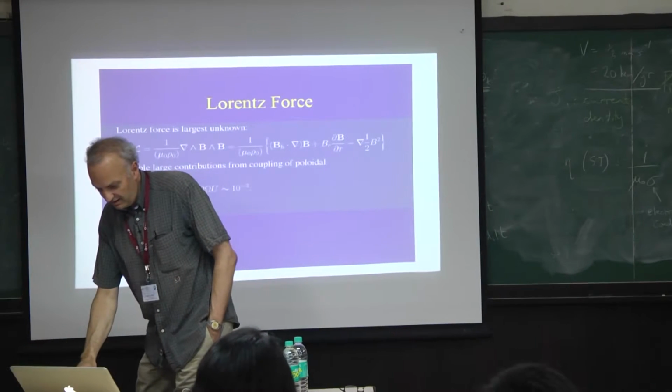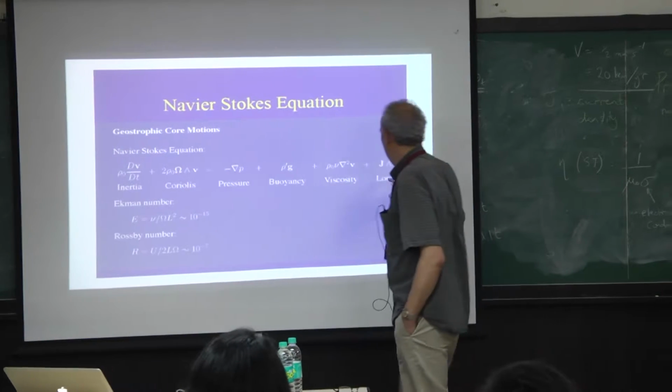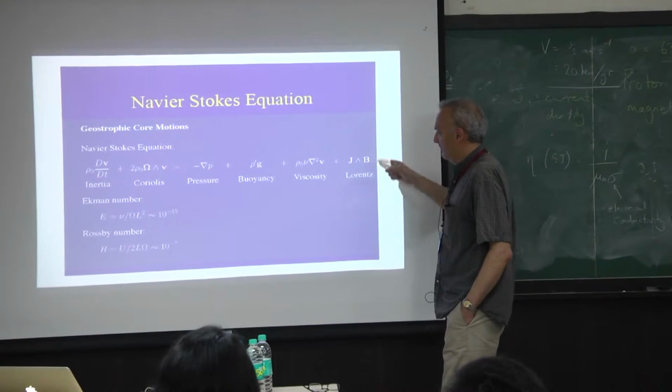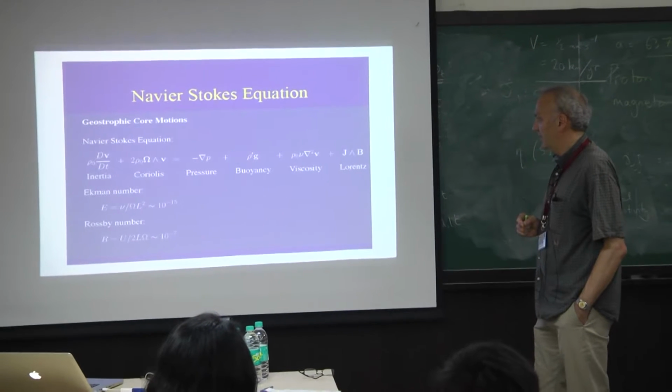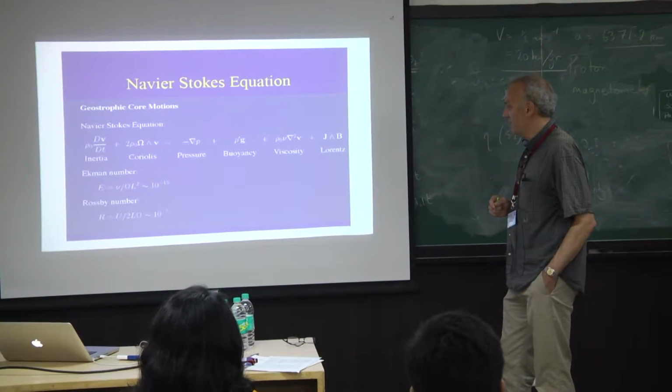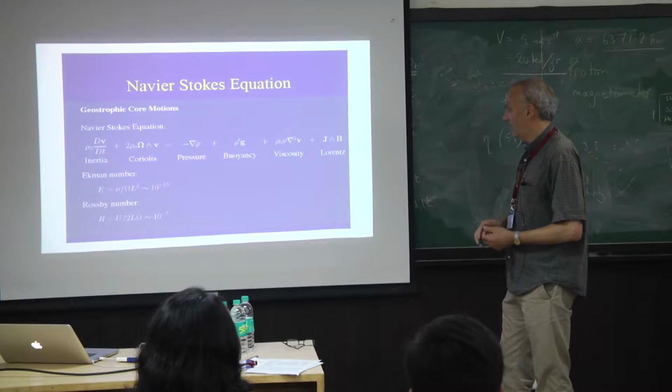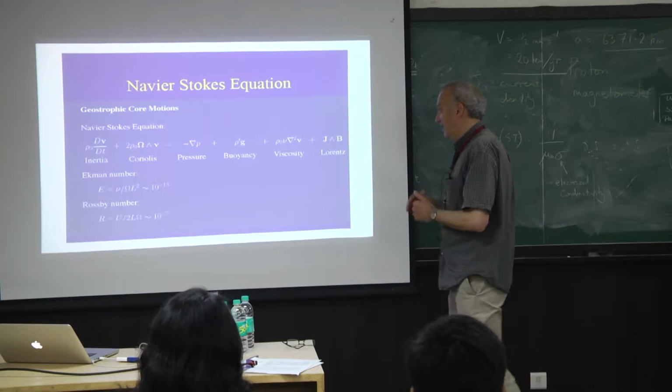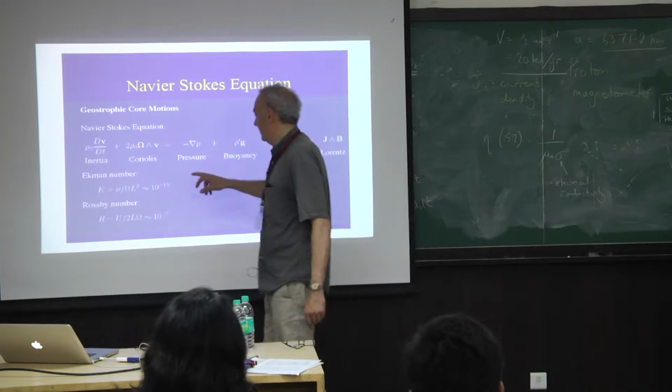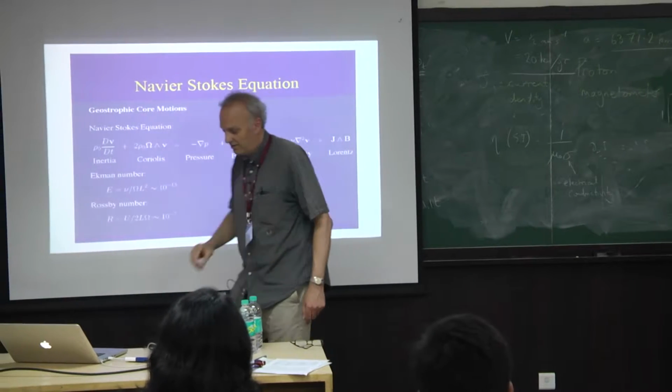So this is the argument that says we can probably neglect the Lorentz force at the core surface, and therefore the motions are deemed to be close to geostrophic. They're certainly tangentially geostrophic.